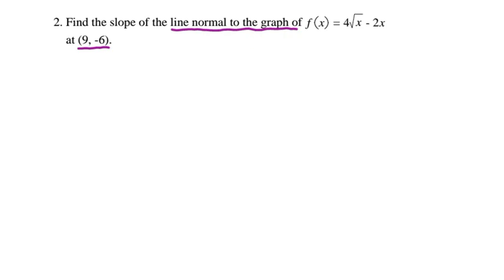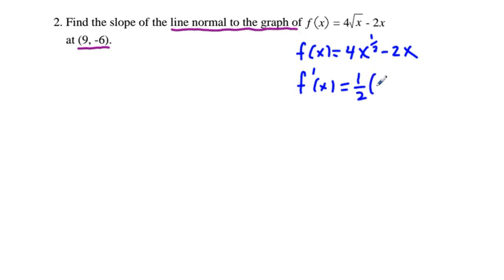So in this case, we're going to differentiate this function. So we're going to say f prime. Well, I'm going to rewrite this f of x and make this 4x to the 1/2 power minus 2x. And then differentiating, we'll say f prime of x is equal to, we take this 1/2 out front and we multiply by 4, and we have x to the 1/2 minus 1, which is x to the negative 1/2, and then the derivative of 2x will be 2.